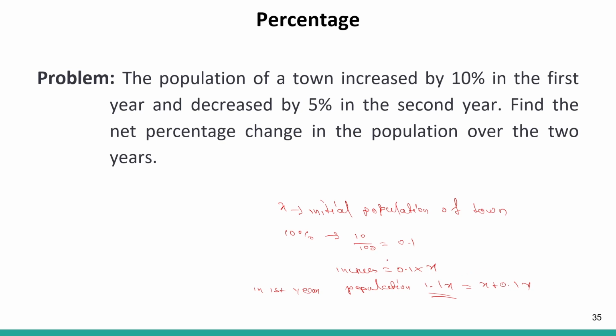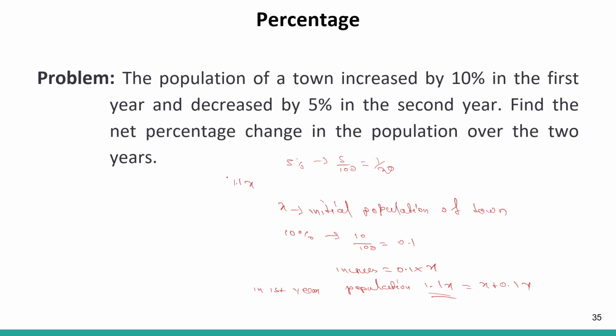Okay, as the population, and then it decreased by 5%. So let's see 5%. So 5% in decimal is 5 by 100, that is equal to what? 1 by 20, right? So we have 5% of the population at the start of the second year, that is 1.1x.